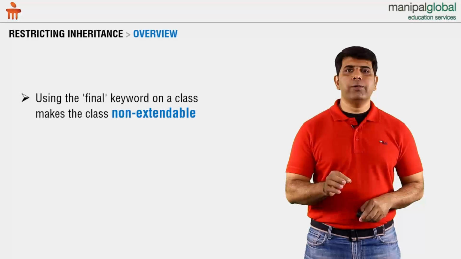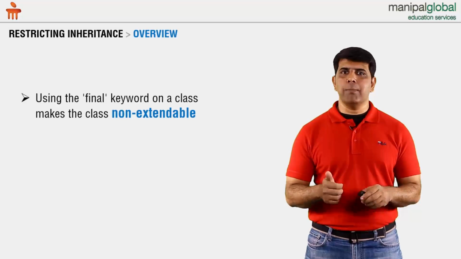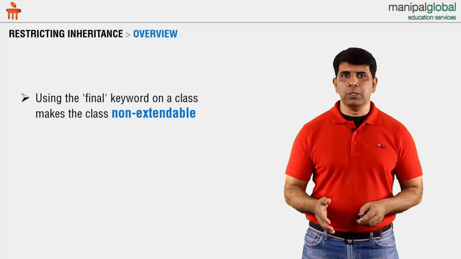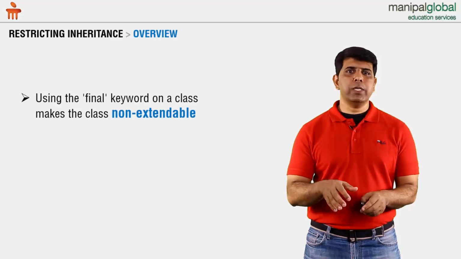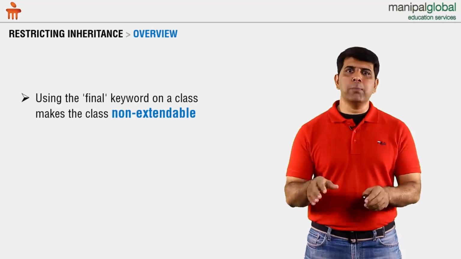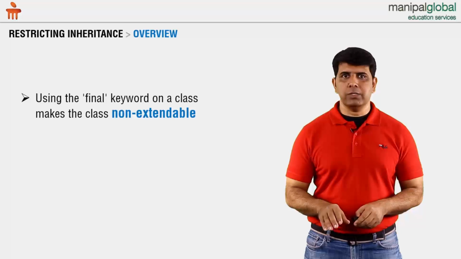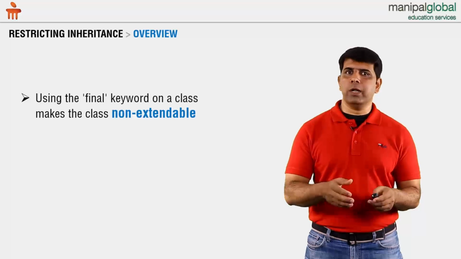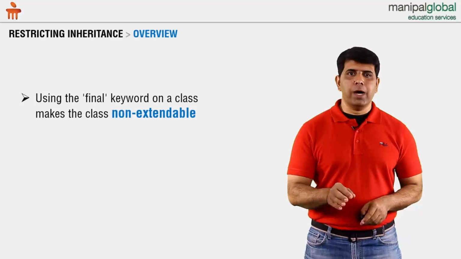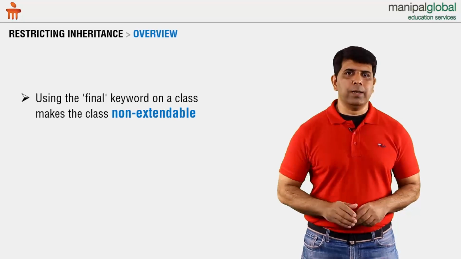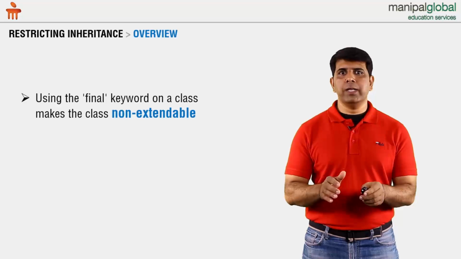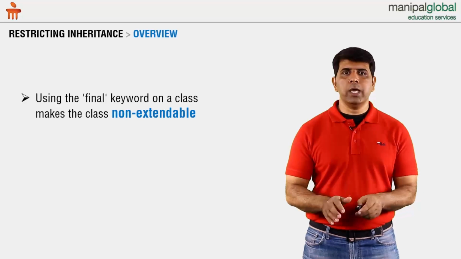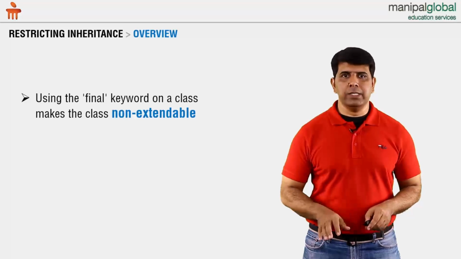Note that the final keyword can be used with a method also, with a variable also. With a method, you're saying, hey, you inherit my method, but do not change that. So no overriding. With a variable, even for a local or a member, you're only saying assignment can be done only one time. But with the keyword final applied on a class, we say, hey, no further inheritance.